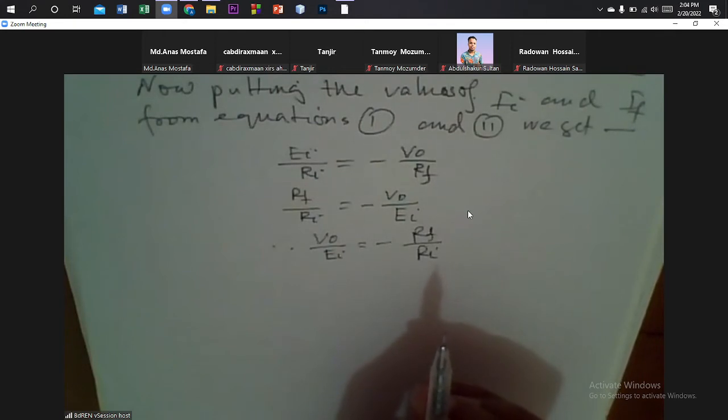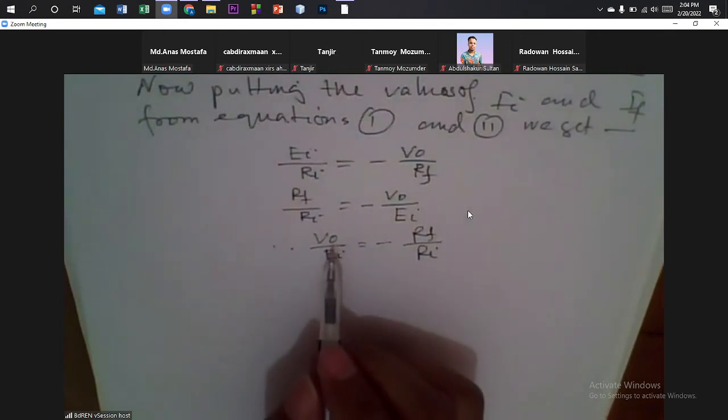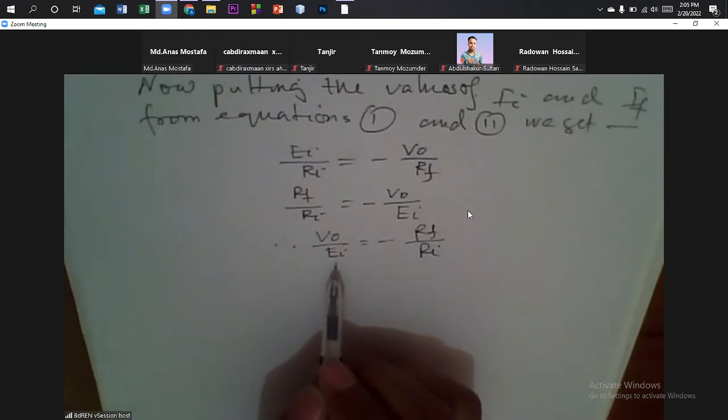So what do we mean by V0? Output. And what do we mean by EI? This is output and this is input. So what do we call output by input?